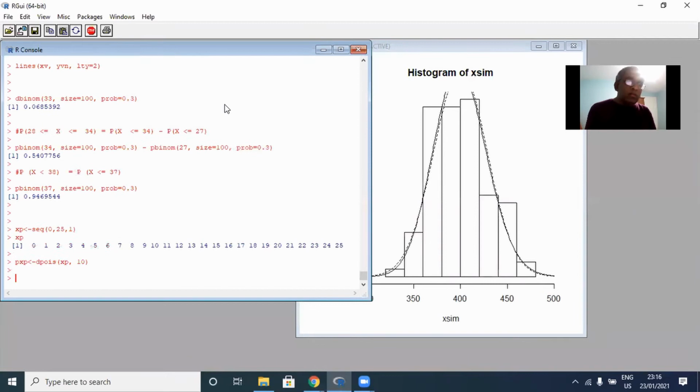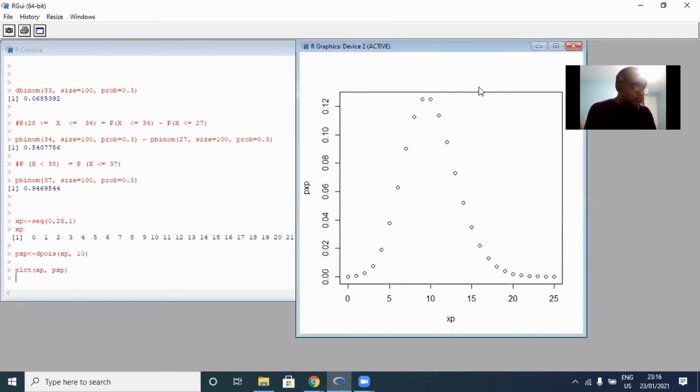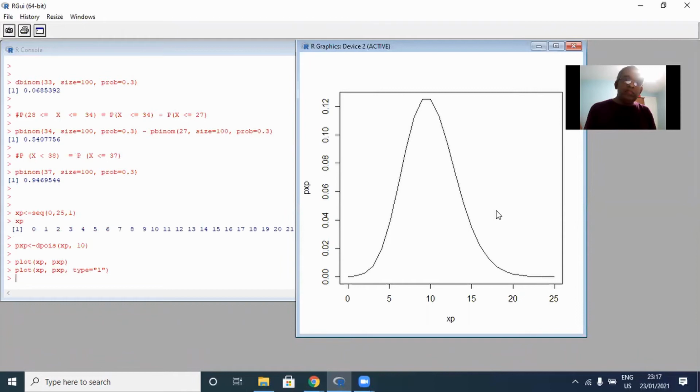And then you should plot xp versus pxp. This is what you get. This is the probability mass function of the Poisson distribution when lambda, the rate parameter, is equal to 10. If you say type equal to "l", it will join them up like this.